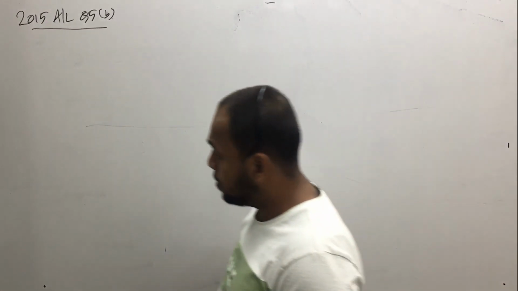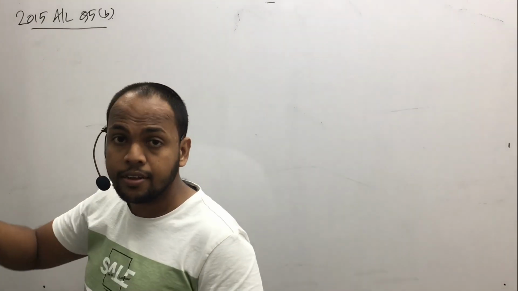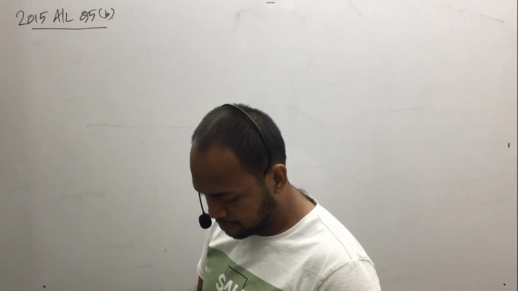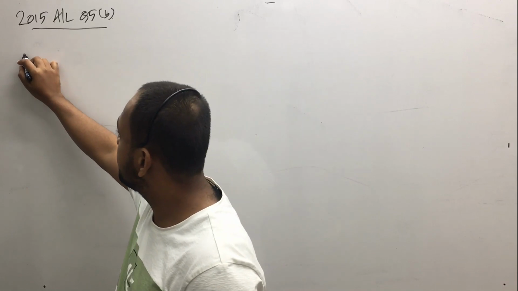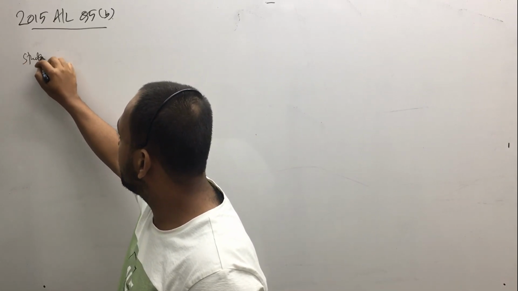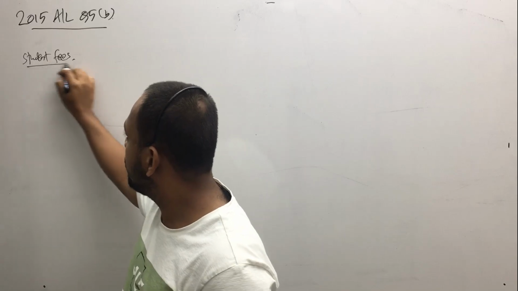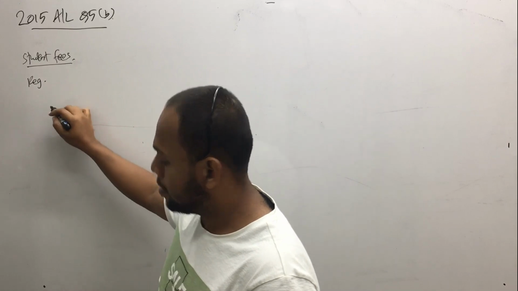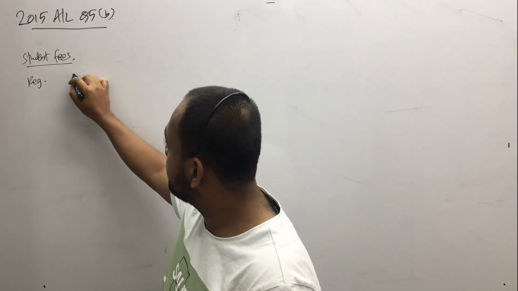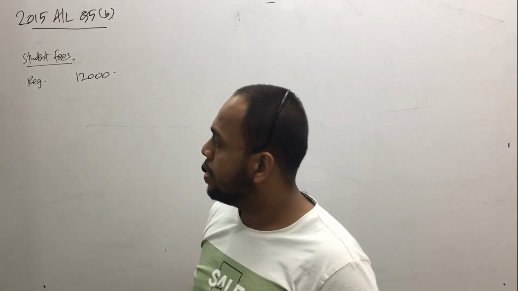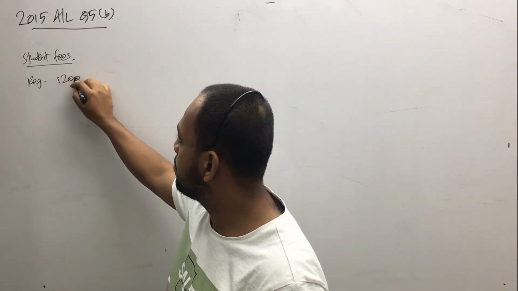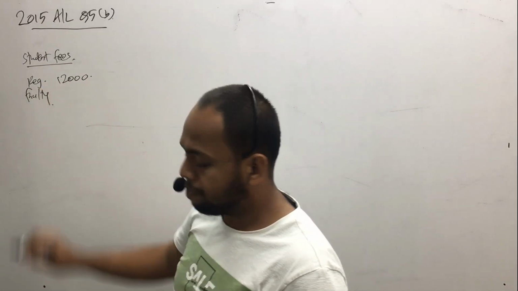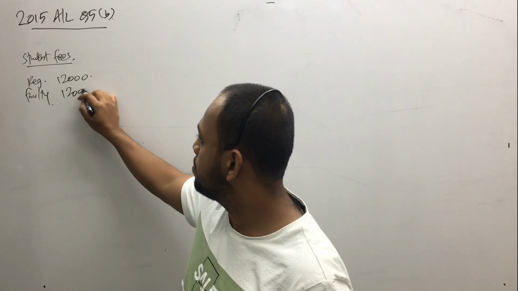Right. So first we'll take the selling price. Student fees. Registration 12,000 per annum. Facility 12,000 per annum.